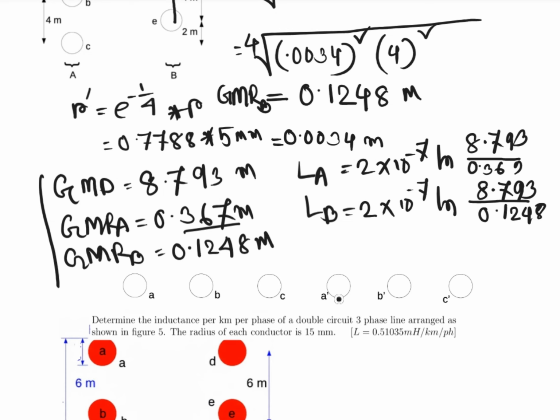So after the calculation is done, we will find the total inductance, that is LA plus LB, so that will be 1.485 millihenry per kilometer. So this is our final answer.